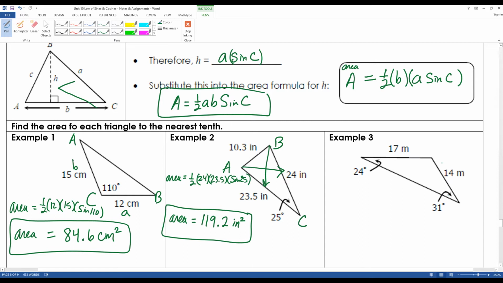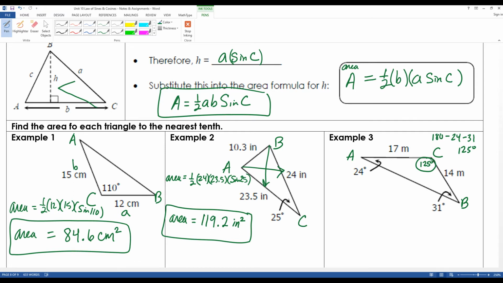I have to use the angle that doesn't match up with those sides. So I have to find this angle right here. That's going to have to be C. I can do that by taking 180 minus 24 minus 31. And I should get that to be 125 degrees. There, hopefully you see why I had to find that angle.